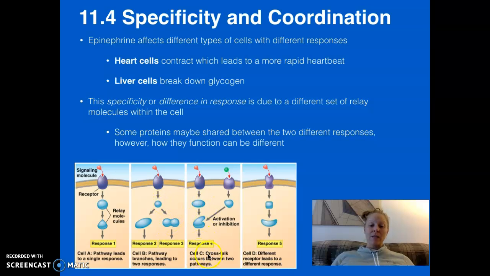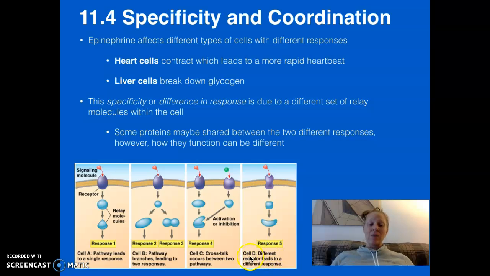Next, we have cell C. This is called crosstalk. You can have multiple signaling molecules which will elicit the same response. This relay protein will be able to activate this enzyme just like this protein can, and so the same response will be elicited by both of these different signaling molecules.